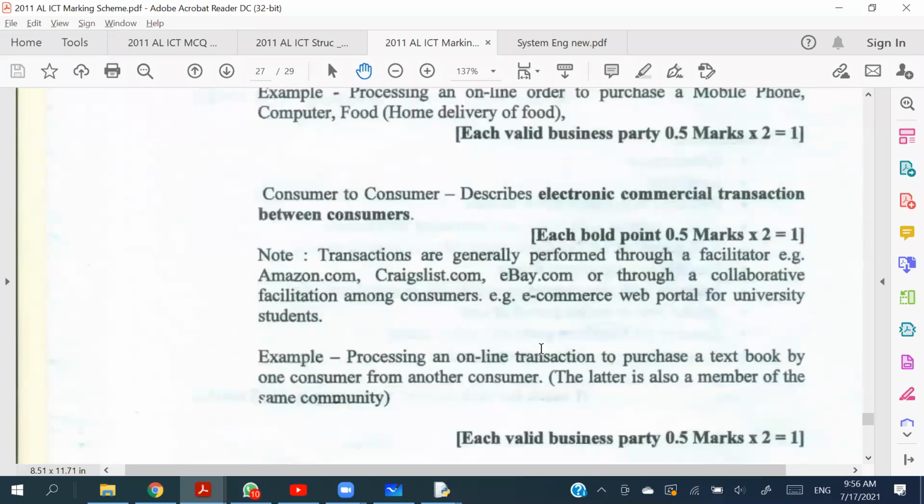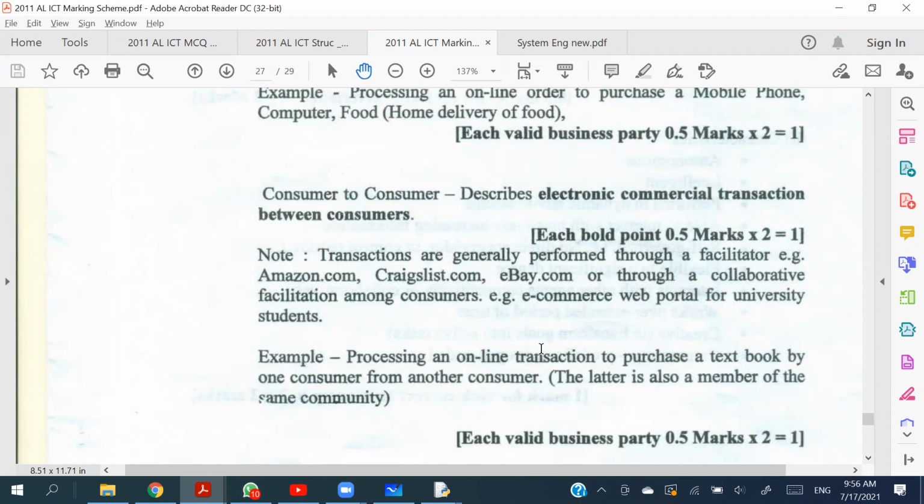Consumer to consumer describes electronic commercial transaction between consumers. One consumer is selling a good or service to another consumer straight away. So it's going to be consumer to consumer.